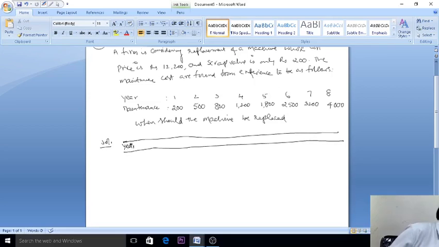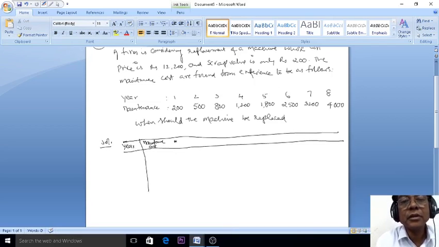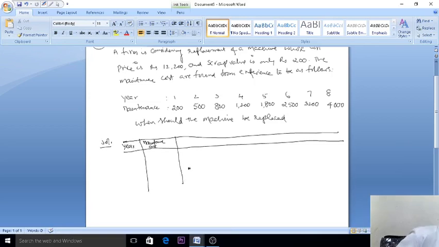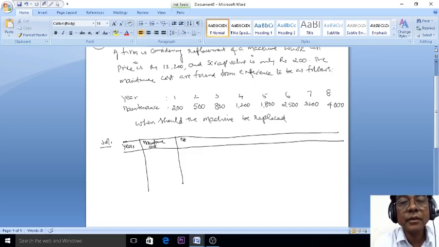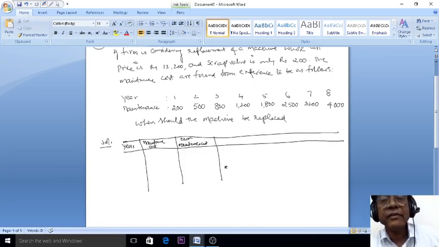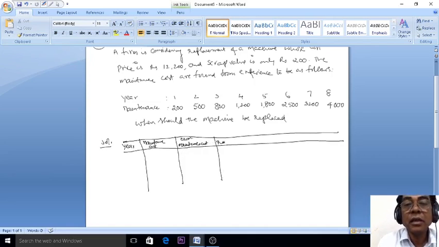Operating cost or maintenance cost, whatever it is, because maintenance cost and operating cost are both the same. Then cumulative maintenance cost, and resale value or scrap, both are the same.